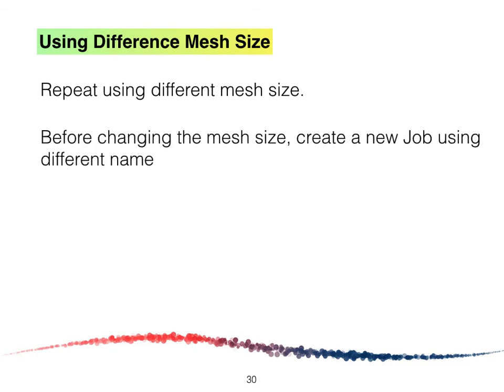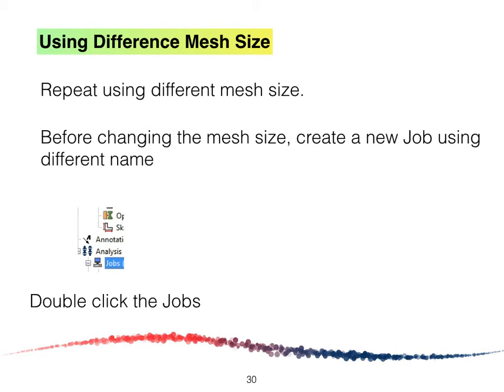Before changing the mesh size, I suggest to create a new job using a different name. This is because when we change our mesh size, we do not want to overwrite the previous solution, which you can view at a later stage.